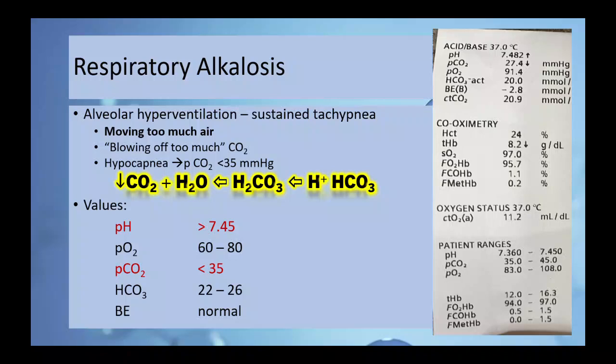So pH is high, greater than 7.45. Alkalosis. PO2 is not going to tell us about pH. PCO2 less than 35, we don't have to go any further.